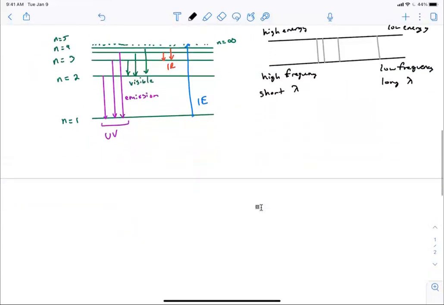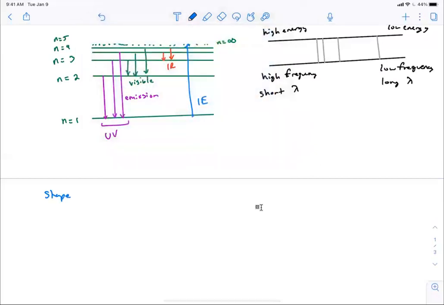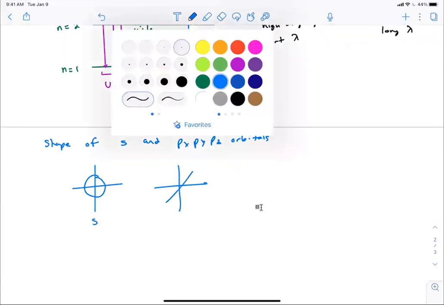Along this same topic, I would know the general shape of s and px, py, and pz orbitals. It's not so much a table or chart, but I guess it is technically a graph, because you have your axes for your s, and then you have your axes for your p orbitals, right?